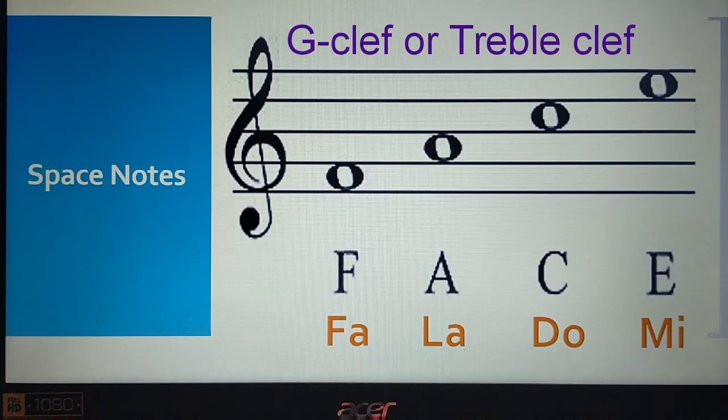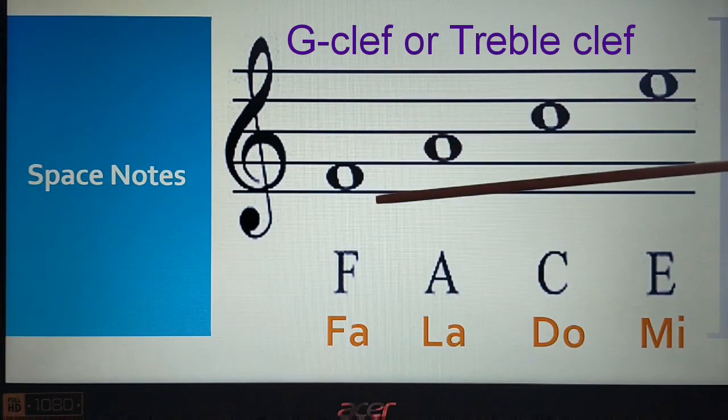Now on the space notes. There are 4 spaces on the G clef or treble clef. Read also from the bottom to the top. The first space is F or Fa.